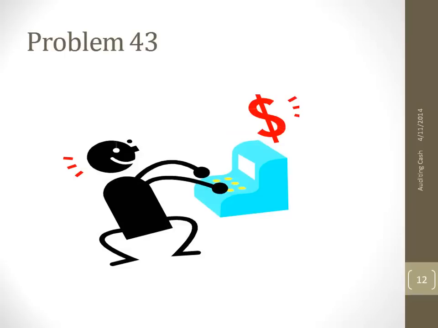So let's take a look at a problem. Problem 43 in chapter, I think it's chapter 6. Yes, chapter 6 is the audit of cash. So problem 43, and that is on page 255.